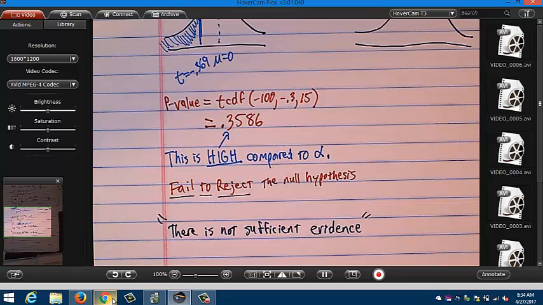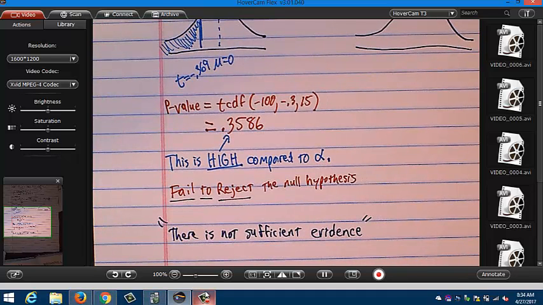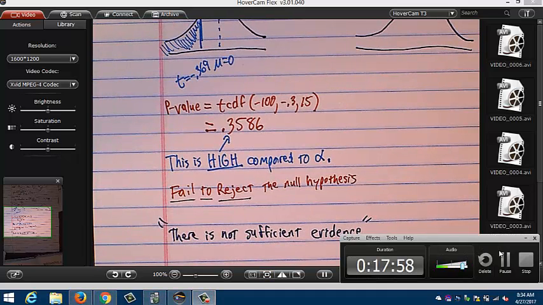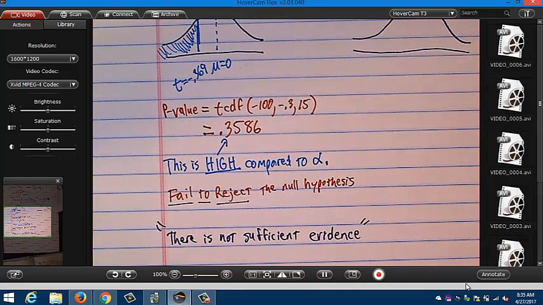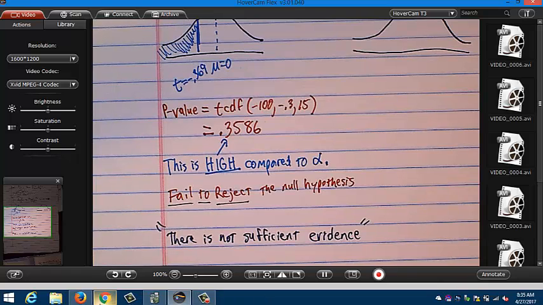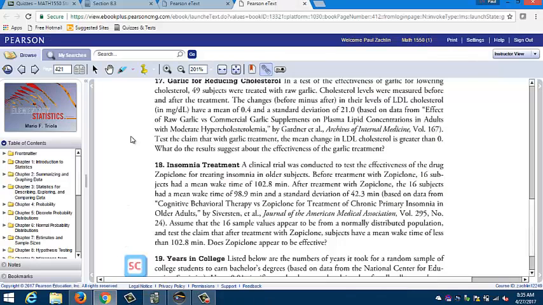Now, what if you say reject the null hypothesis? Then we might say there is sufficient evidence, or the data set supports rejection of, you know what I mean? Something like that. Fail to reject, there is not sufficient evidence. If you're having trouble with the final wording, I want to refer you to page 391 of our book. Let me go there now.